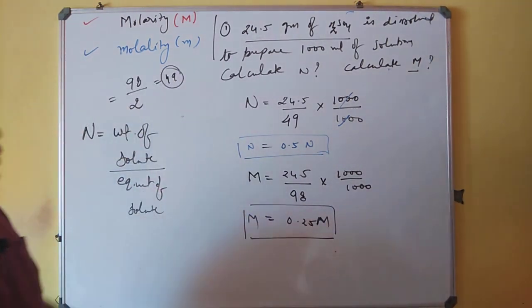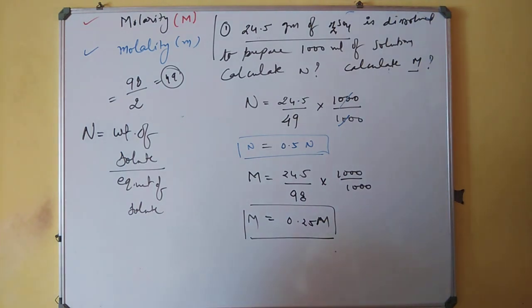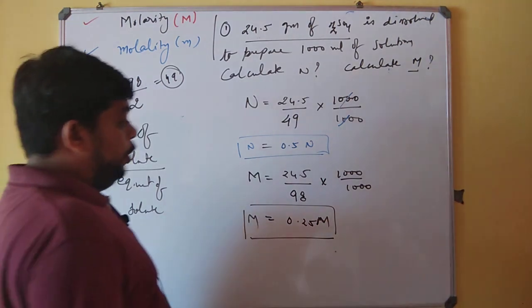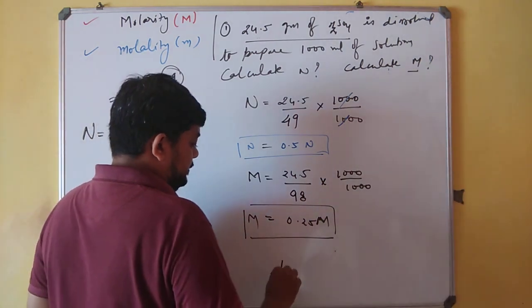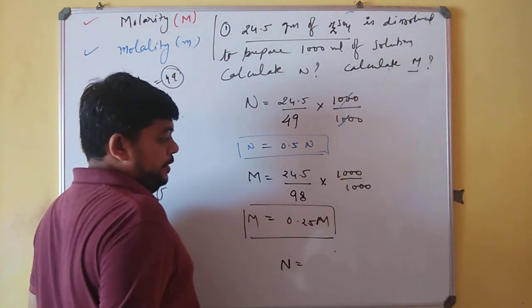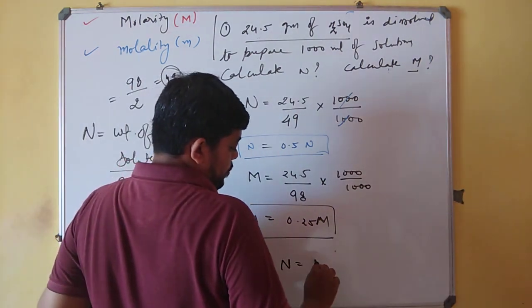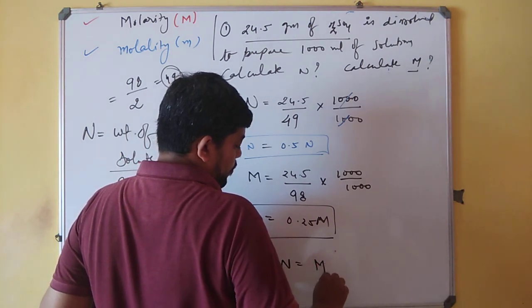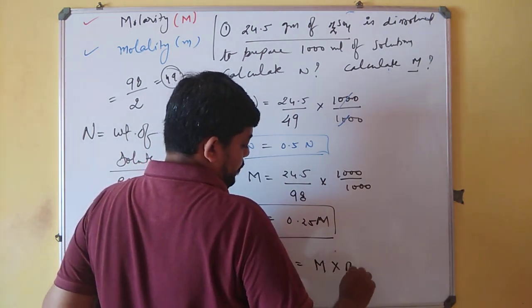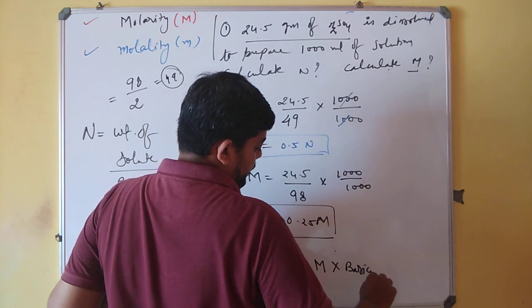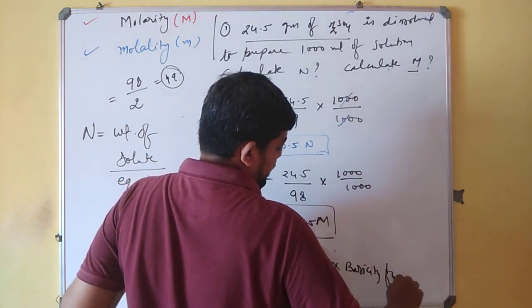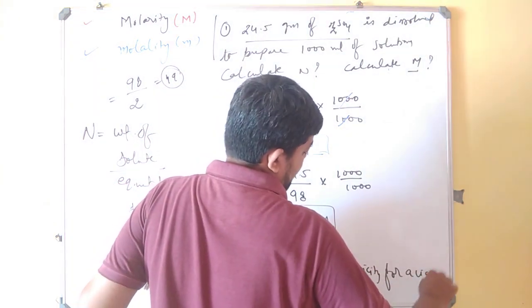So can we make out some relationship between molarity and normality? Let us check. Let us come to a conclusion. Shall I write like this? Normality is equal to molarity into basicity for acid.